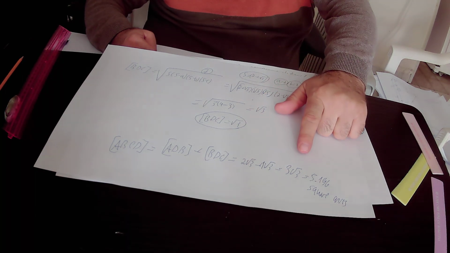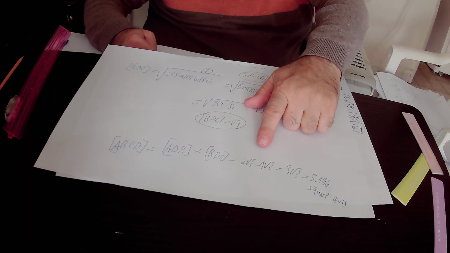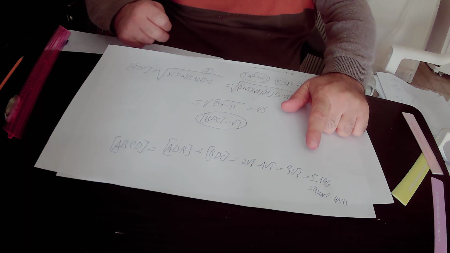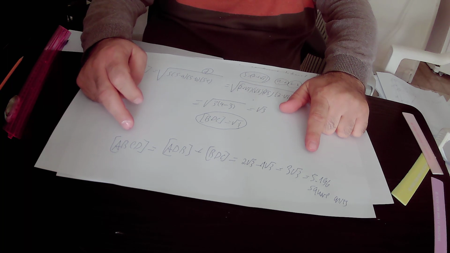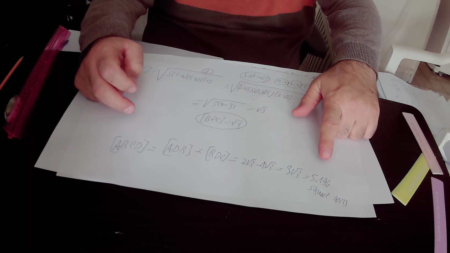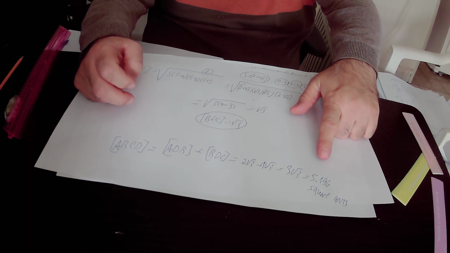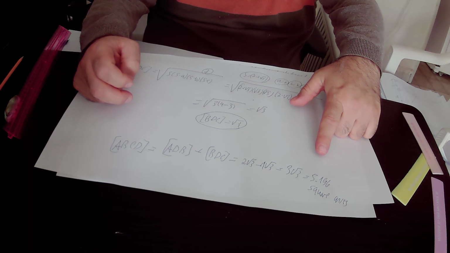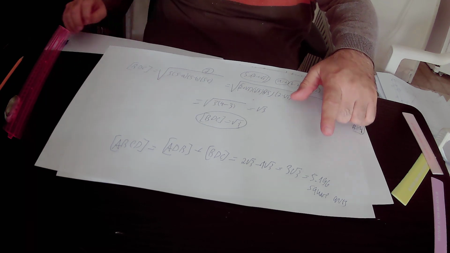So the area of quadrilateral ABCD equals 2 times square root of 3 plus 1 times square root of 3, that is 3 times square root of 3 square units, or in terms of numbers, 5.196 square units. So in both methods, we found that the area of quadrilateral ABCD equals 3 times square root of 3 square units, or 5.196 square units. Okay, thank you very much.